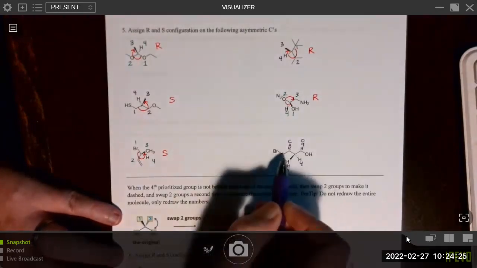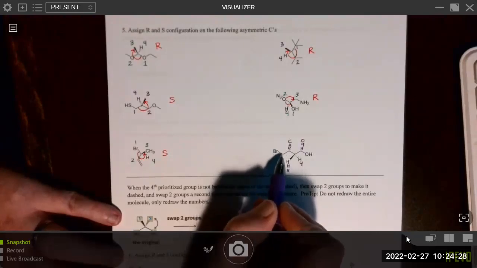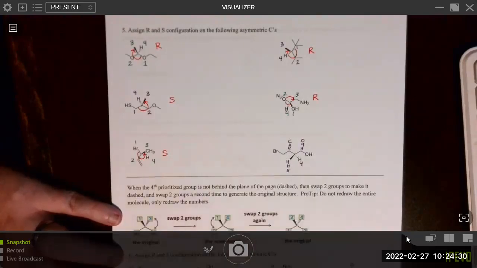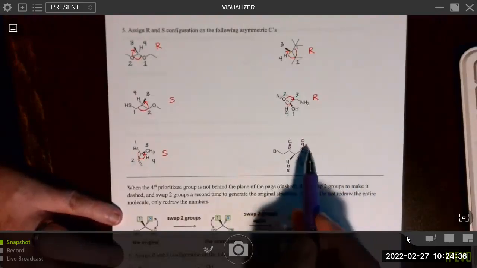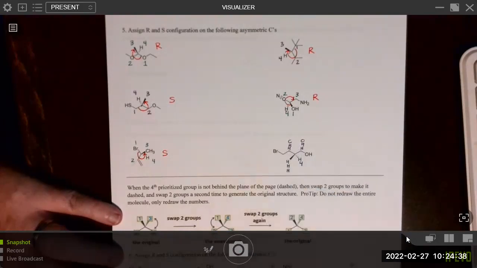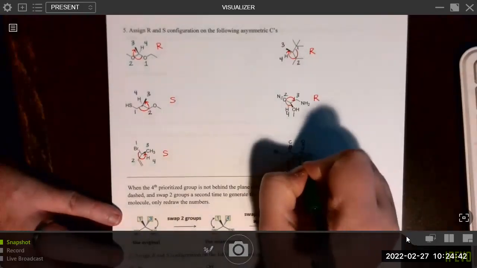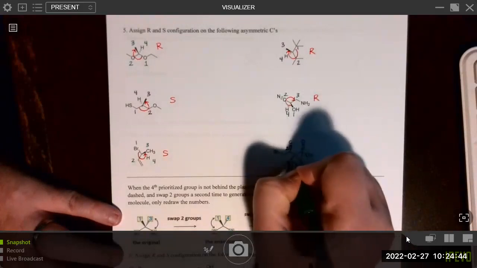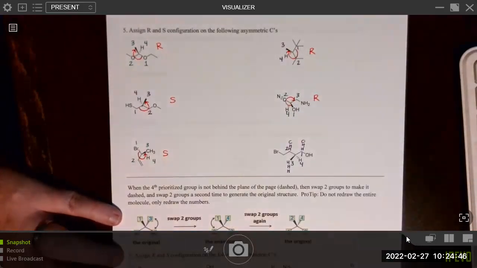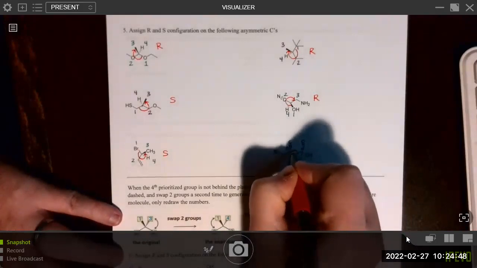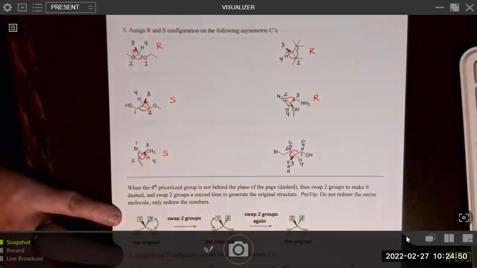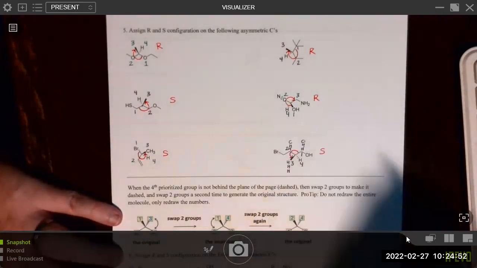So you might have been distracted by this bromine, but it's too far away, and we have to go in order of atoms attached. So oxygen beats carbon, which beats hydrogen, and this gives us our priority of 1 to 2 to 3, and then a 1 to 2 to 3, and counterclockwise rotation is S.